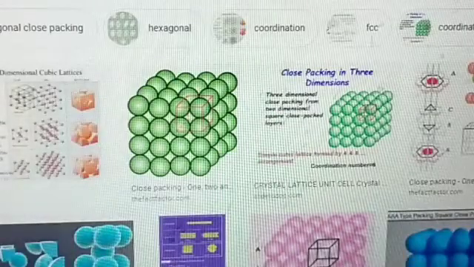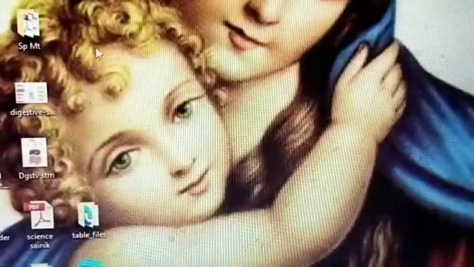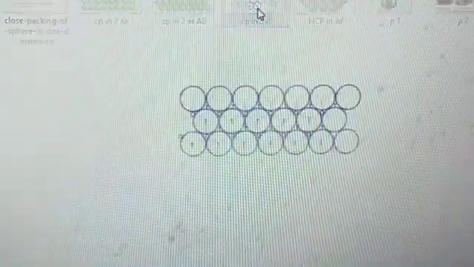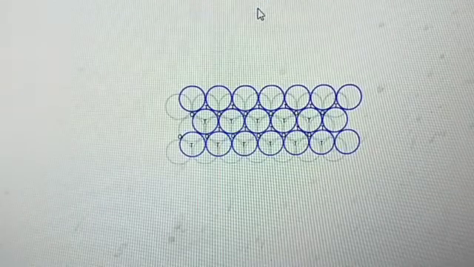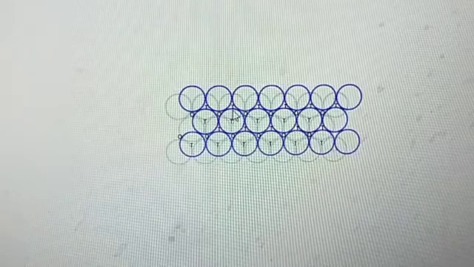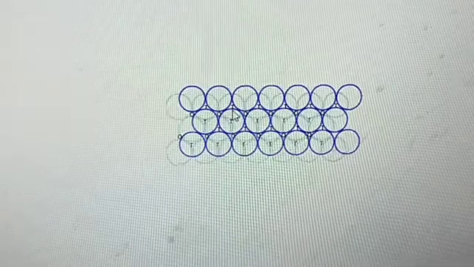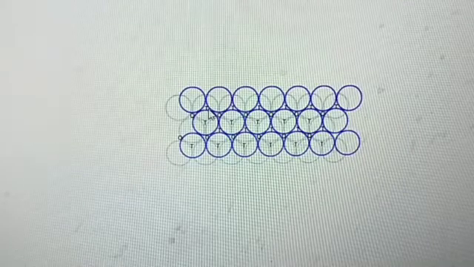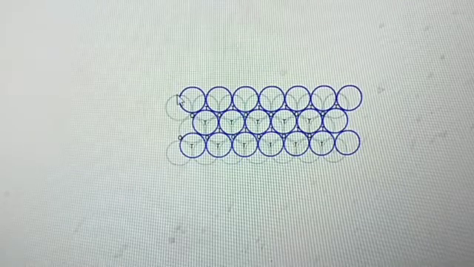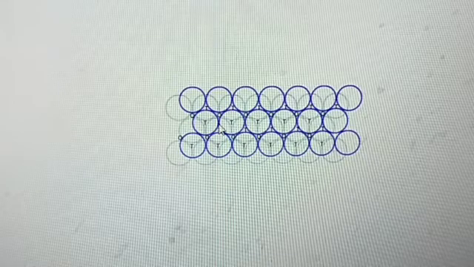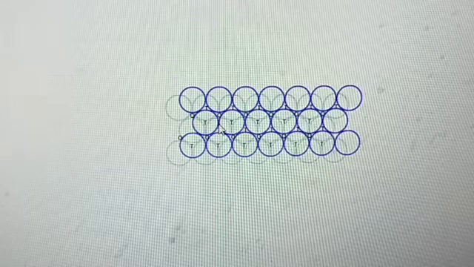When we place the second layer over the first layer, which type of structure will we get? We can get this type of structure. In this structure, if we observe, we placed a layer A, and the next layer should be placed in such a way that the spheres are arranged in the depressions of the first layer.